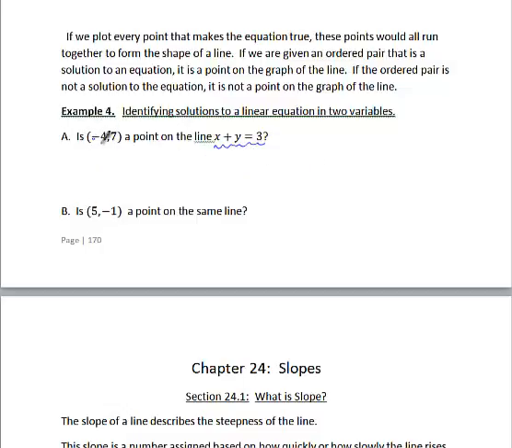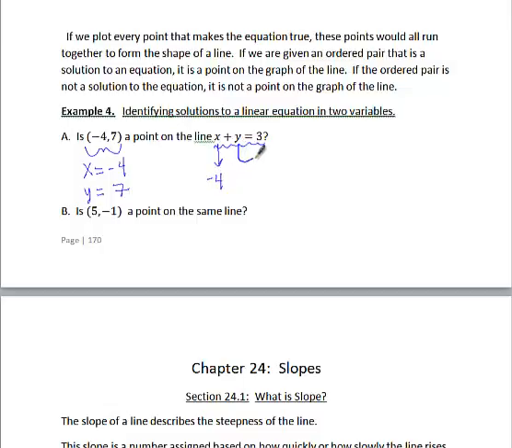Well, just by giving us this ordered pair, they're telling us two things. They're telling us x is negative 4, and they're telling us y should be replaced with a 7. Well, does this actually work for the equation? That's what we want to know. And so I take x and I go down here and I replace it with a negative 4.